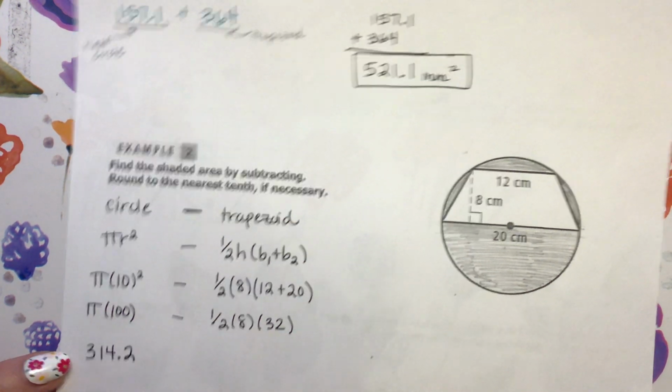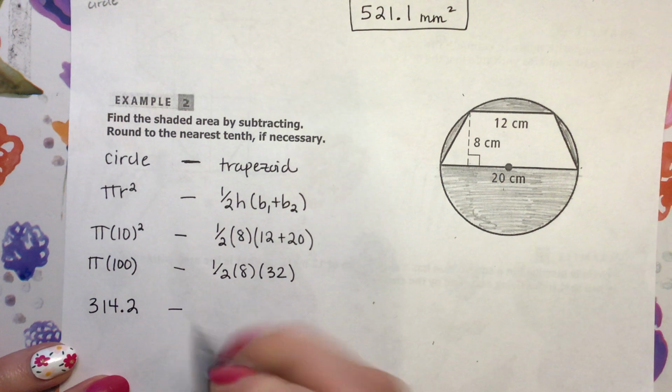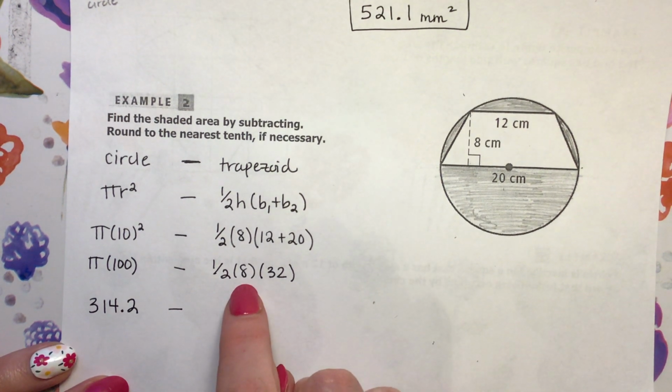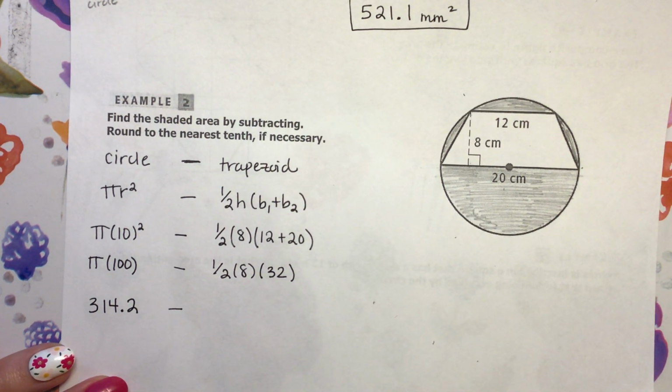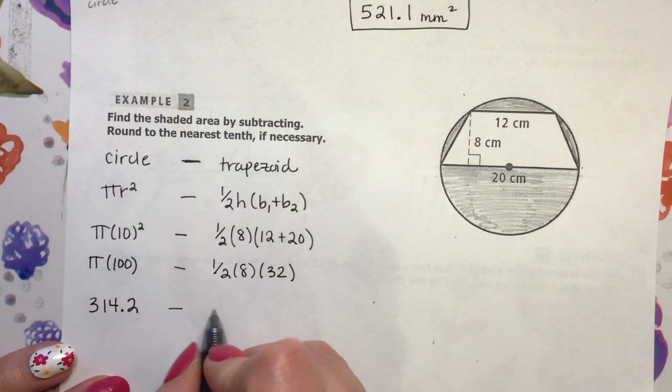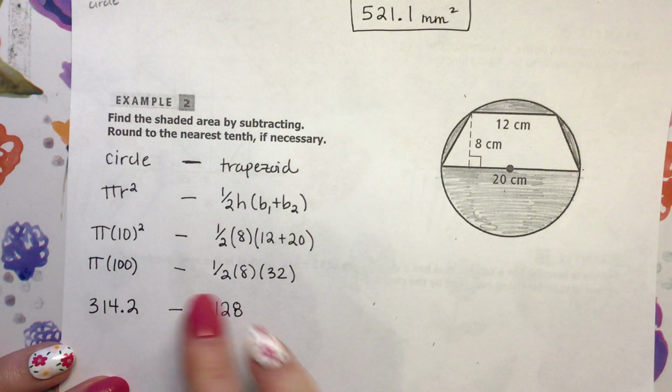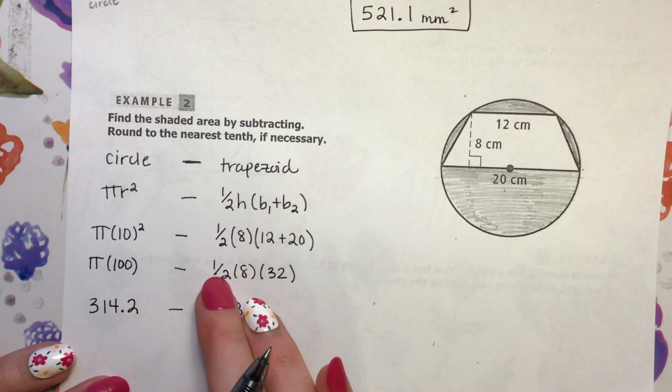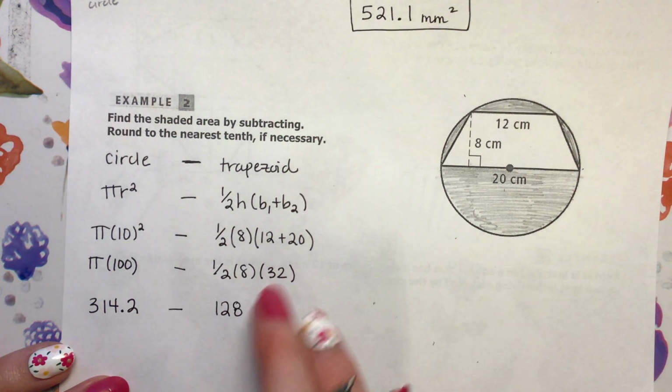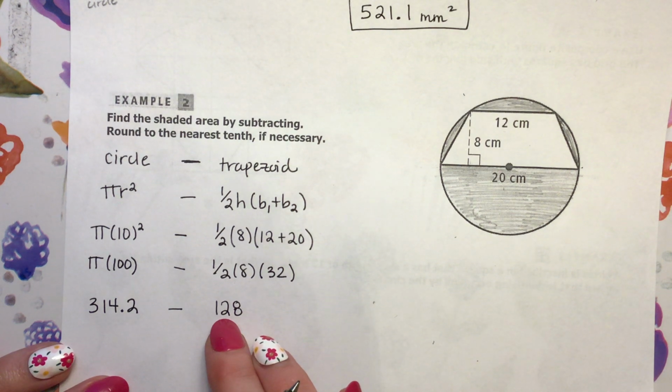I'm just rounding right there. When I take 1/2 times 8 times 32, I get 128. And I just put that into your calculator. So I got 0.5 times 8 times 32. That's how I get this 128.